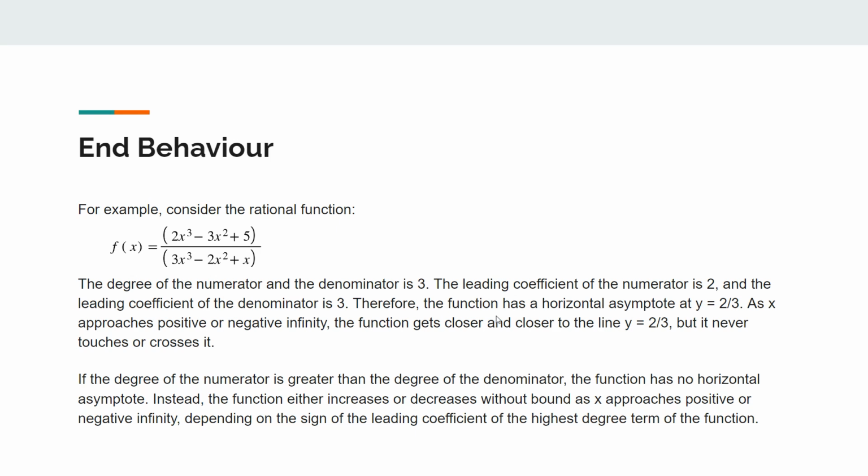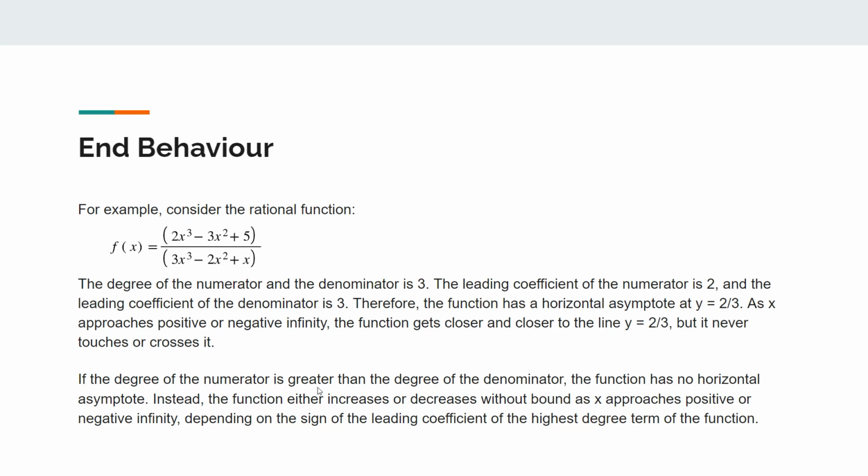So for this, the leading coefficients are 2 and 3, but the degree is the same, so you ratio it. So 2 over 3, and as x approaches negative infinity, the function never touches y equals 2 over 3, which is the horizontal asymptote. It gets close to it, but never touches it.